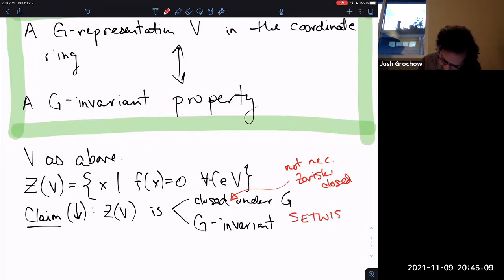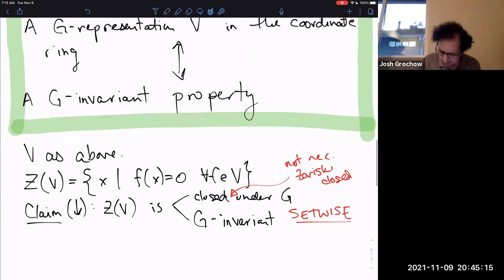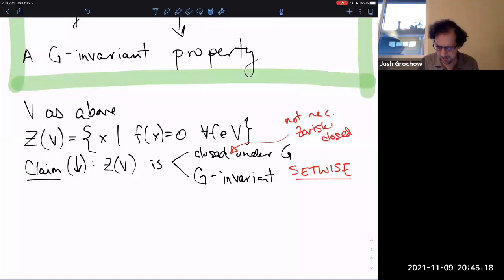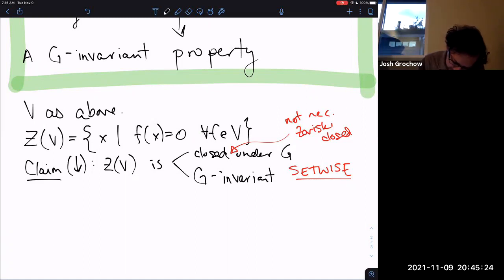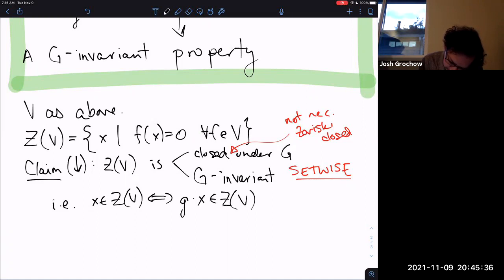So, okay, this is also maybe not the best choice of nomenclature, but these are the only two names I know for this. And so you kind of have to pick your poison. Right, so what this means is more specifically, i.e. X is in ZV if and only if GX is in ZV for all G in G.